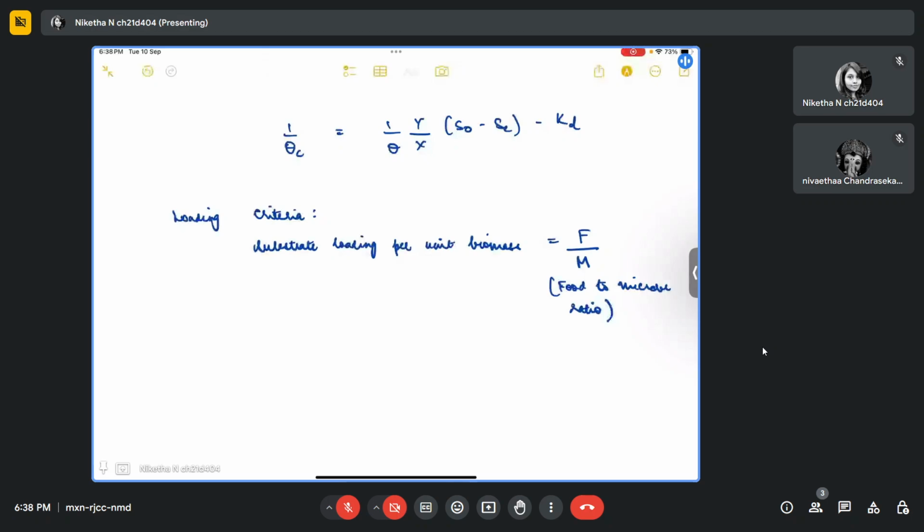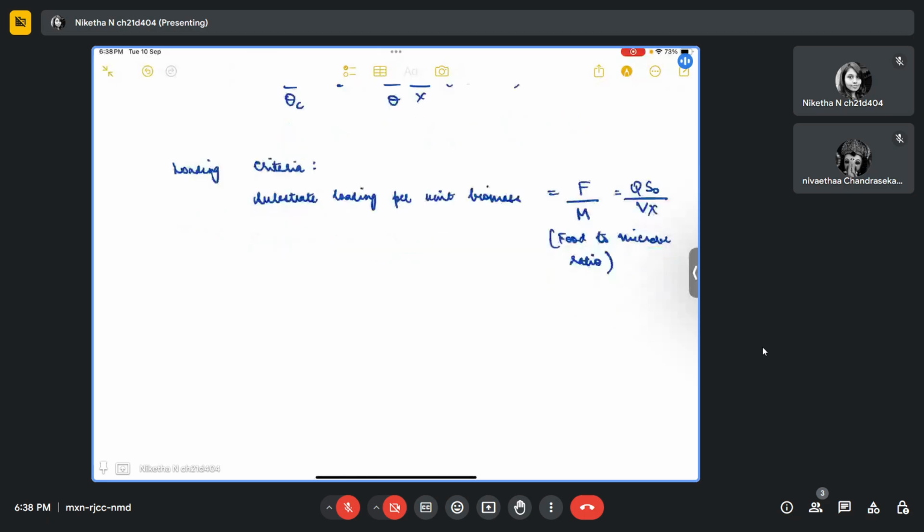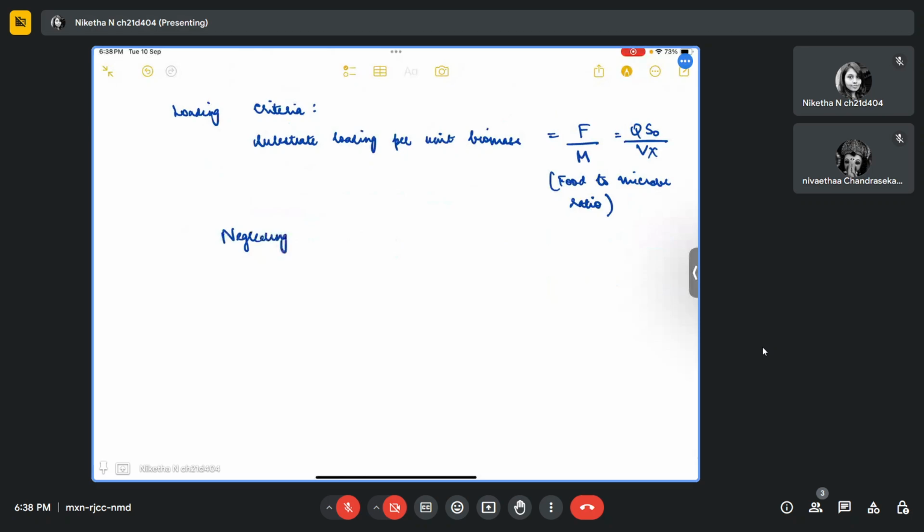This is given as Q into S naught by V into X. If we neglect Se, then 1 by theta C is going to be Y into F by M minus Kd. This means that 1 by theta C is proportional to the F by M ratio.